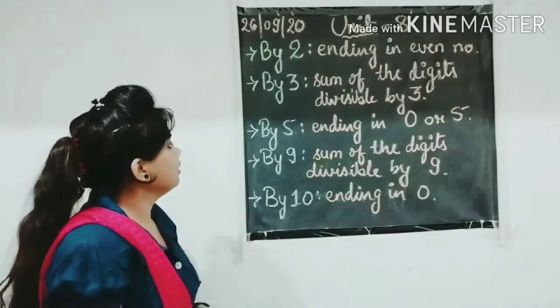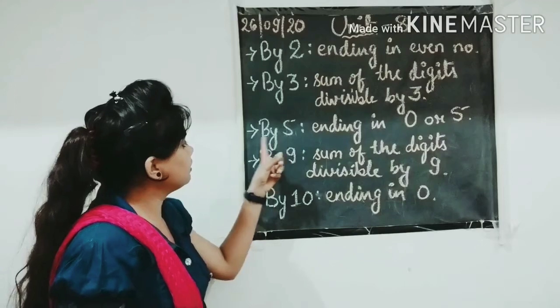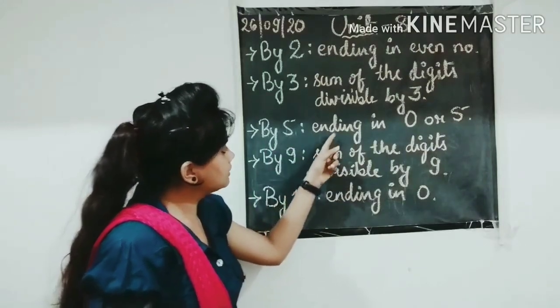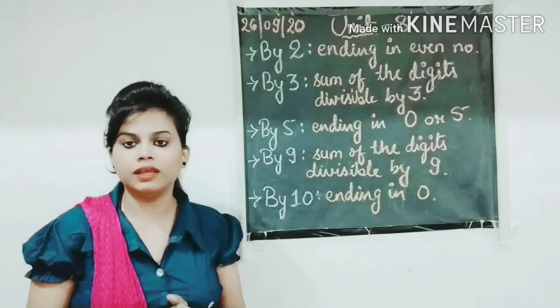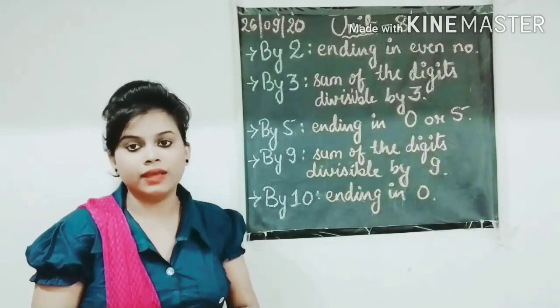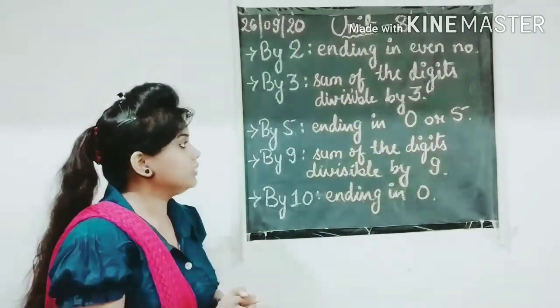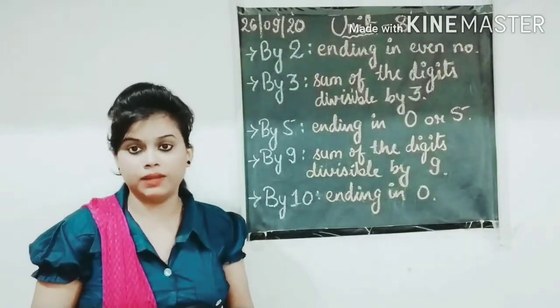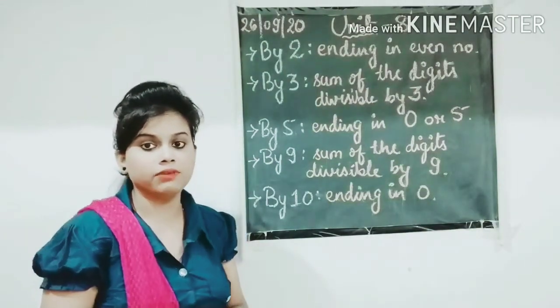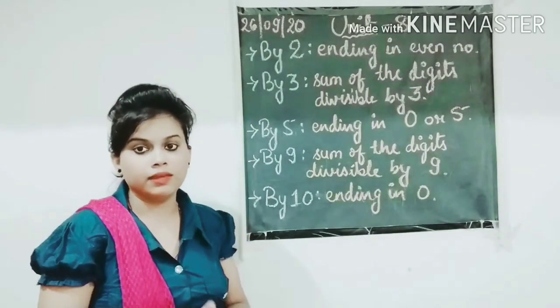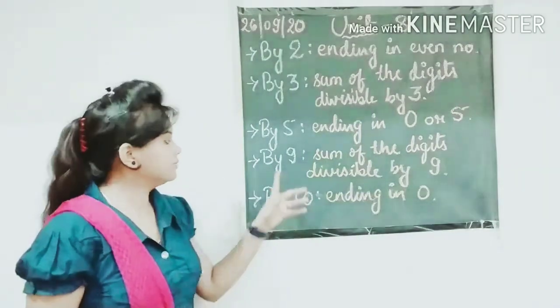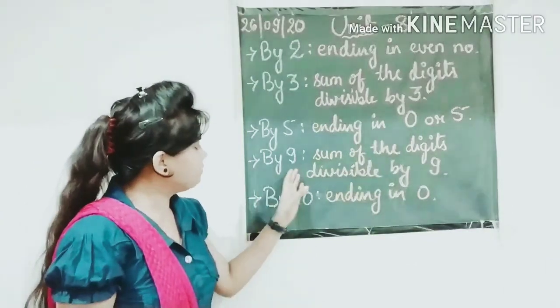Next, the condition for divisibility by 5 is ending in 0 or 5. That means a number is divisible by 5 when it has 0 or 5 in one's place. Next is the condition for divisibility by 9.